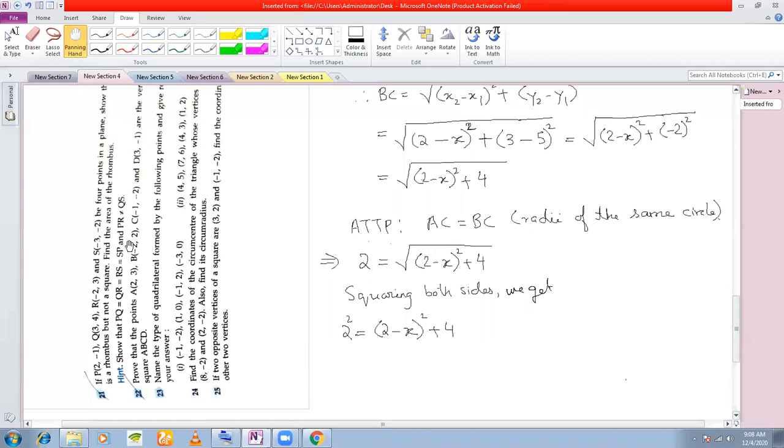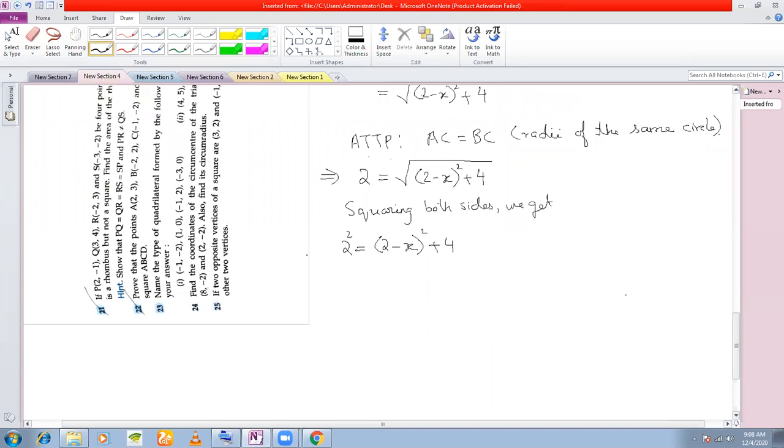So be very clear with this step. If you are squaring both sides, you are squaring the left hand side and you are removing the radical on the right hand side. So therefore 4 is equal to, and this is a minus b whole square, a square plus b square minus 2 into a into b, plus 4.